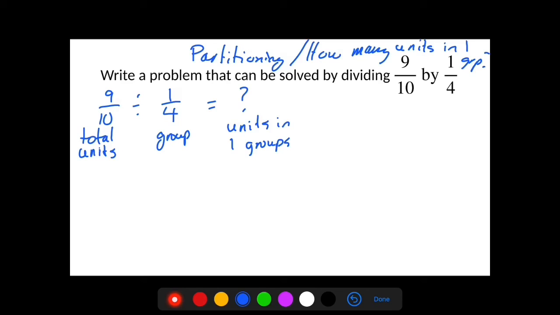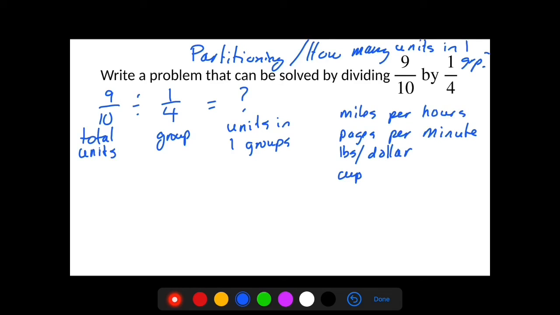Units per group, right? This could be miles per hour. What other rates can I have? I could have pages per minute. I could have pounds per dollar, cups per recipe. You get the idea. So think about a rate that you can come up with, and then the first unit becomes our total, and the second unit becomes our groups, and we can just fill it in from there.